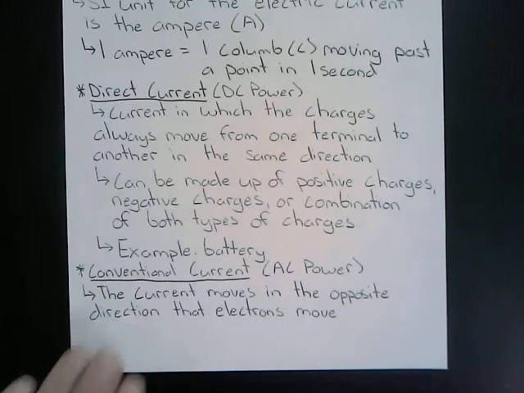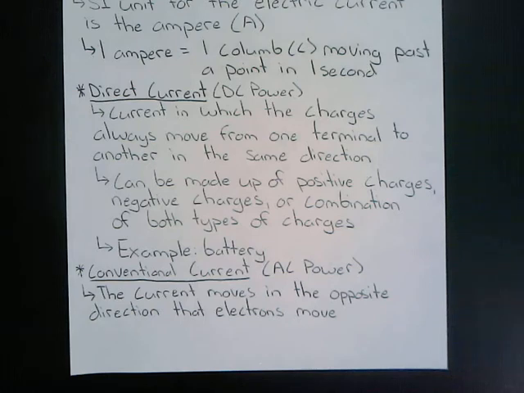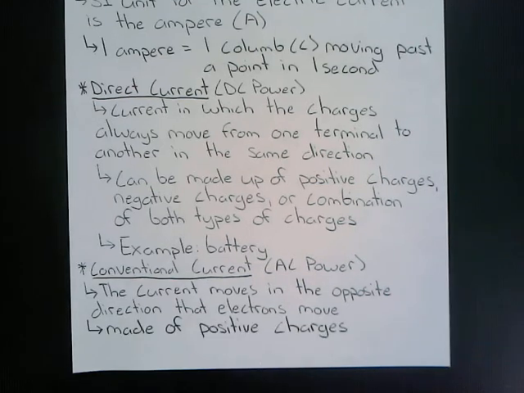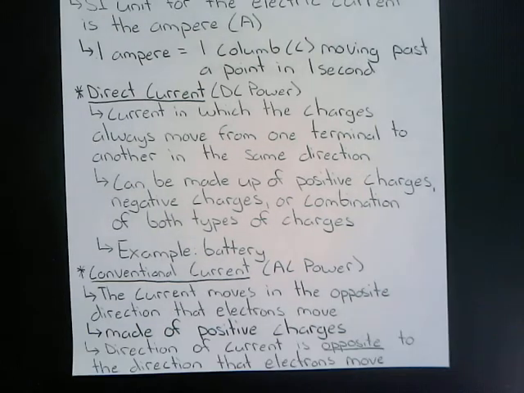Now, conventional current is made of positive charges that are going to have the same effect as the actual motion of the charge in the material. And so to sum this all up, the direction of current in conventional current is opposite to the direction that the electrons move. Okay, so this allows us to talk about the concept of electrical resistance.